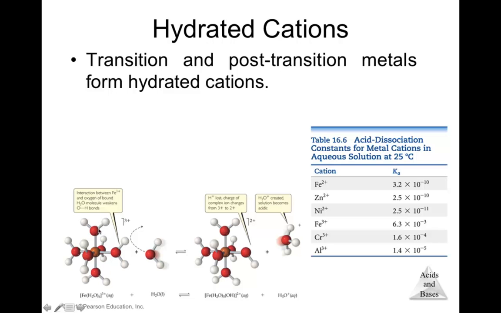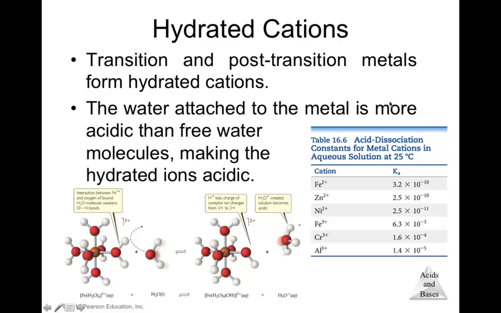And now this bond is going to weaken this other bond of hydrogen and oxygen, making this hydrogen more vulnerable to be removed by a base. So that's why the transition and post-transition metals increase the acidity of water. The water attached to the metal is more acidic than free water molecules, making the hydrated ions acidic.